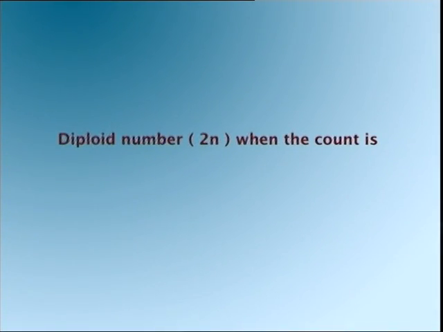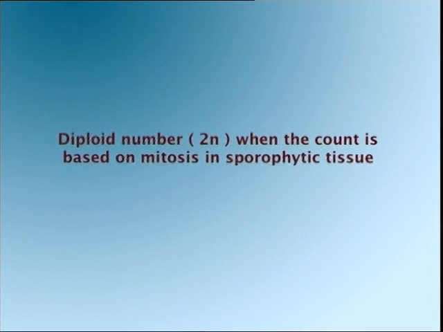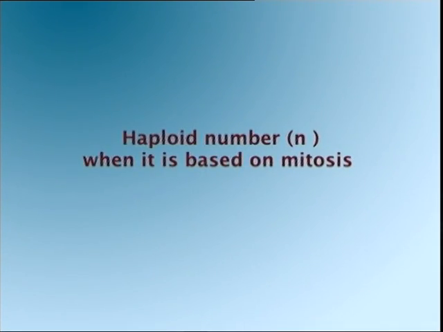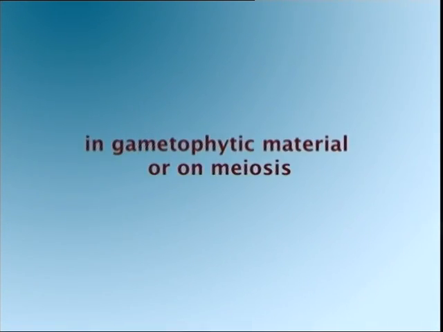In reporting new chromosome counts, it is usual to quote the diploid number 2n when the count is based on mitosis in sporophytic tissue, and the haploid number n when it is based on mitosis in gametophytic material or meiosis.